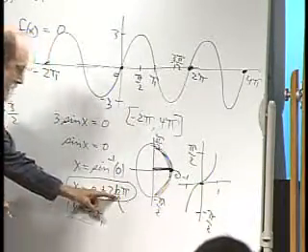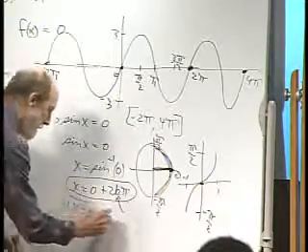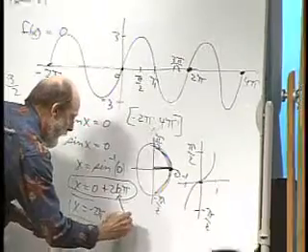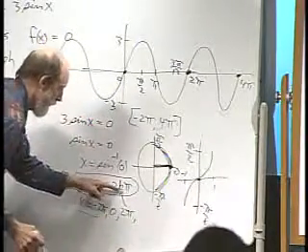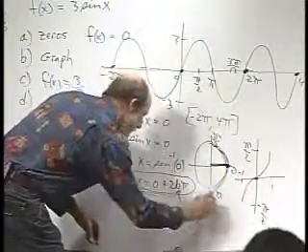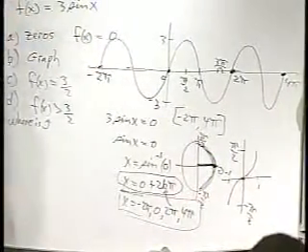If I put 0 in right there for k, I get 0 for the result. If I put 1 in there, I see an answer at 2 pi. And if I put 2 in there, I get an answer at 4 pi.